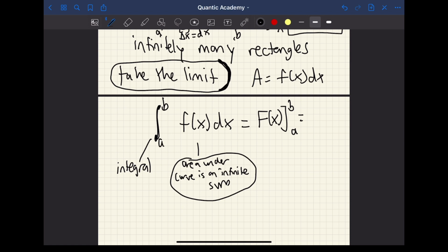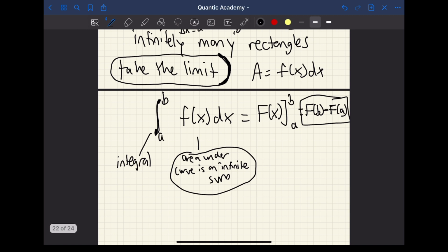So this capital F of x represents the antiderivative. And this notation that I wrote here just means the change in antiderivative. So it'll be evaluated at B minus evaluated at A. And this change in antiderivative gives the area under the curve.